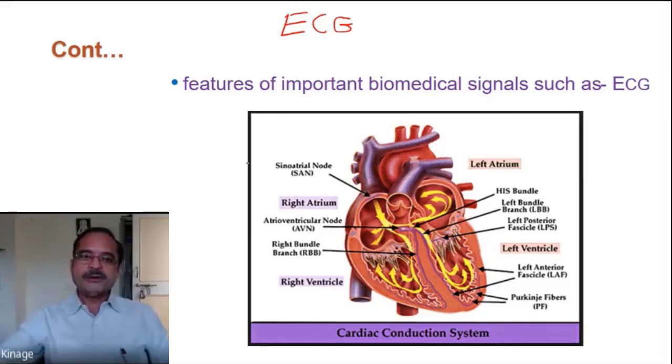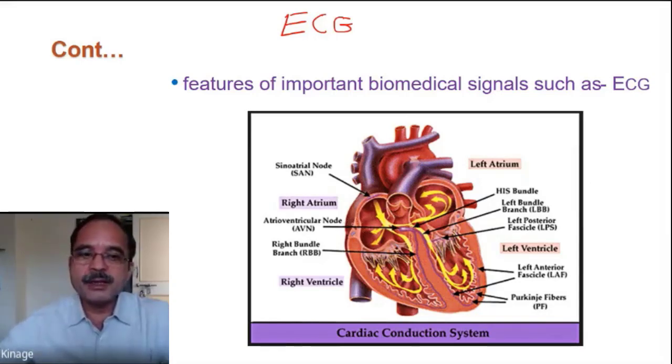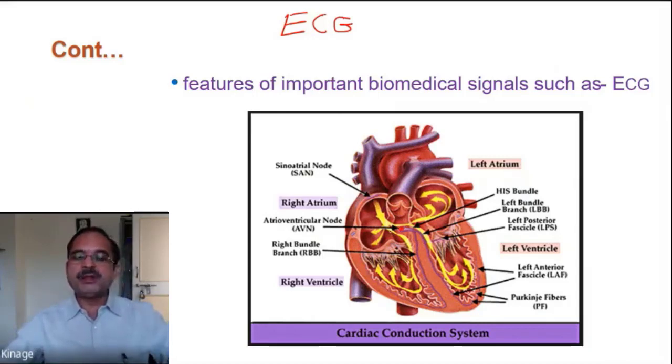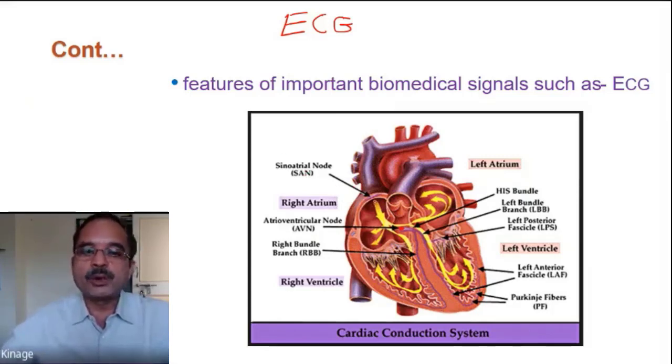Now these are different parts of our heart. Here there is one node called the atrioventricular node, located at this point. This is the point where the electrical activity starts, and later on the contraction and expansion of the heart start.